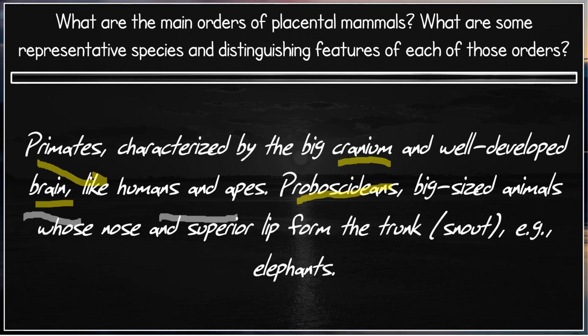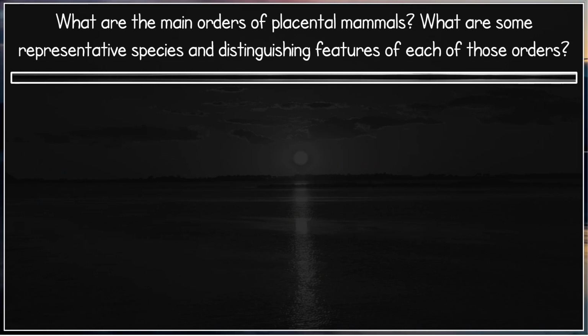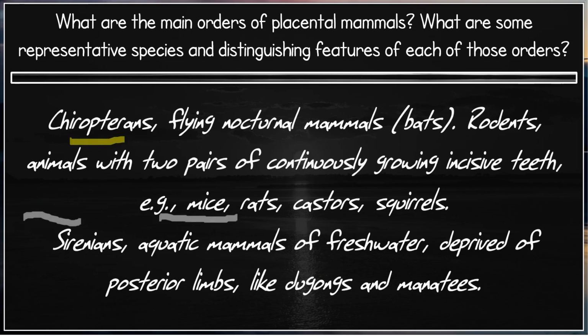Proboscideans, big-sized animals whose nose and superior lip form the trunk, example the elephants. Chiropterans, these are flying nocturnal mammals like birds. Rodents, animals with two pairs of continuously growing incisive teeth like mice, rats, beavers, squirrels.